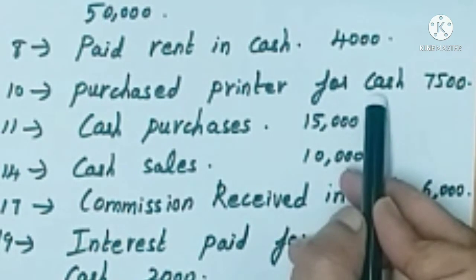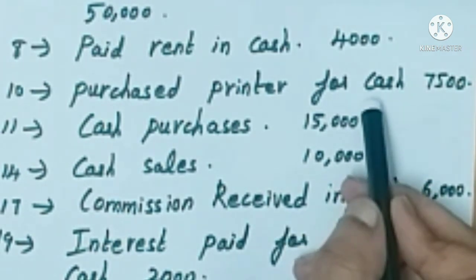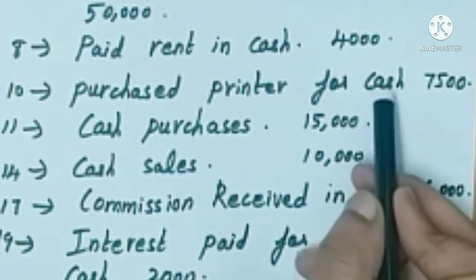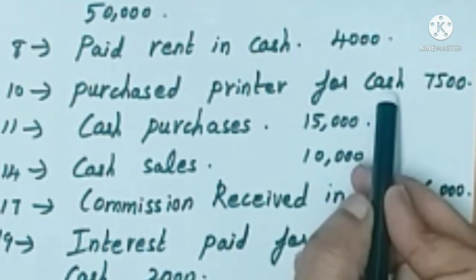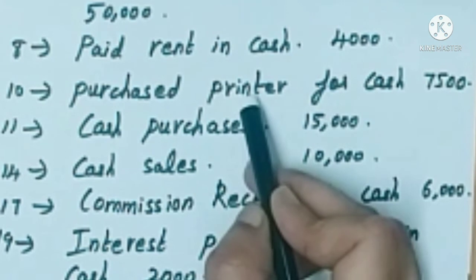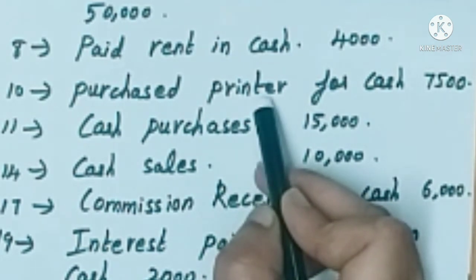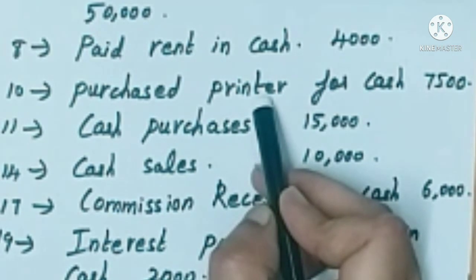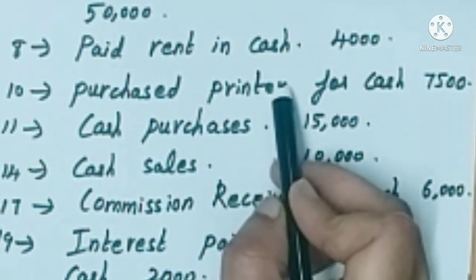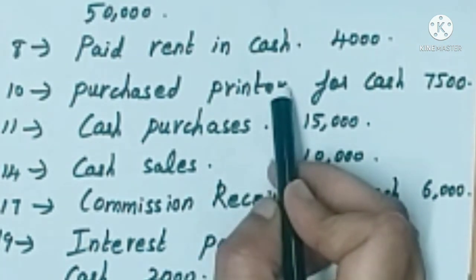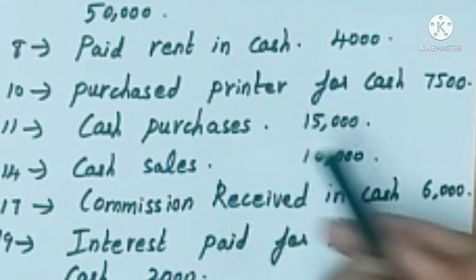In other words, there is a decrease in asset. That's why cash account is credited. Whereas printer account is debited because it is an asset. Debit what comes in? Asset is coming in. So we are going to debit printer account. Now let's see how to pass the entry for this transaction.